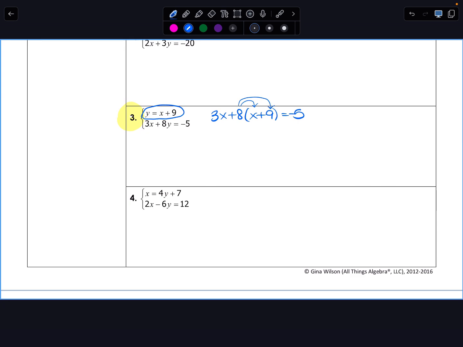To solve for x, I'm going to go ahead and distribute my 8. I'm going to combine my like terms.